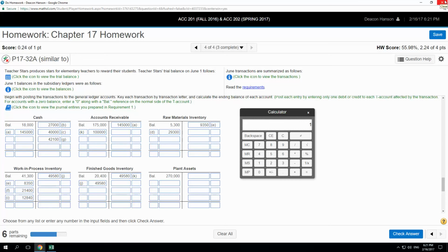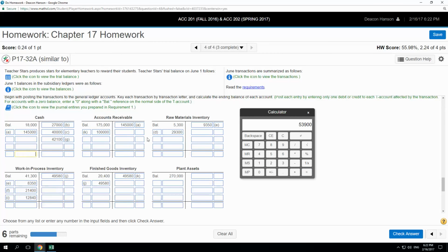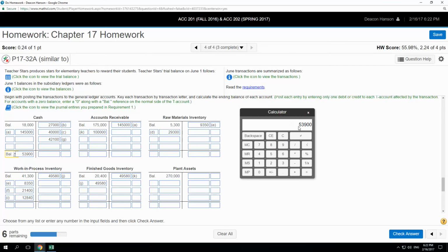I'll start with cash, 18,000 plus 145. And then we'll subtract the credits, and I got a $53,900 balance. Work our way over to accounts receivable. 175,000 plus another 100,000 minus 145,000.